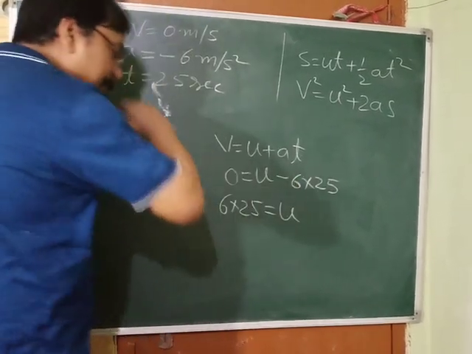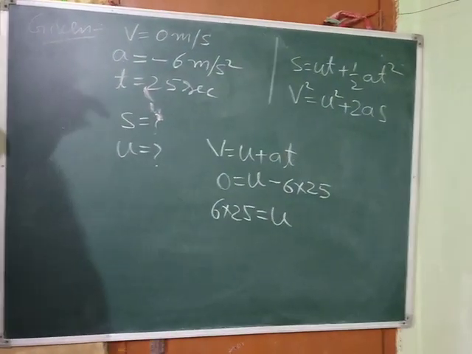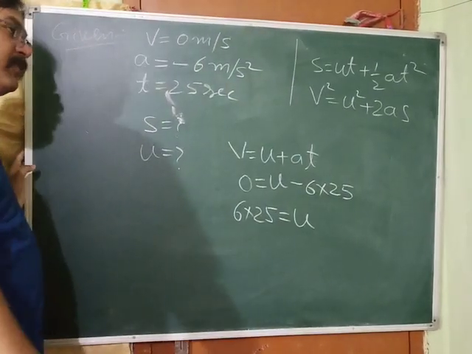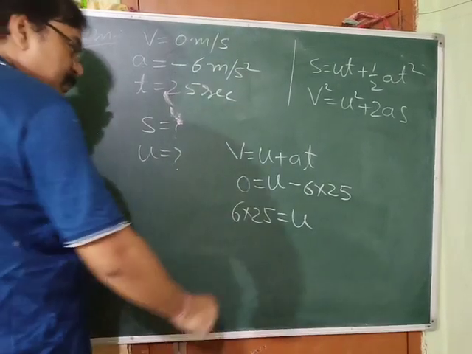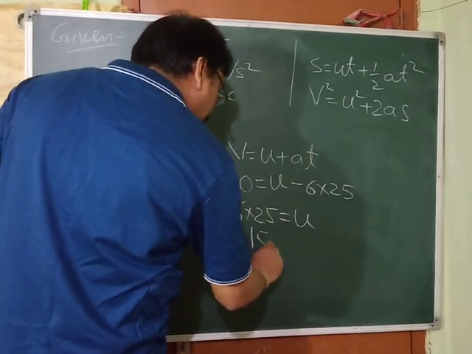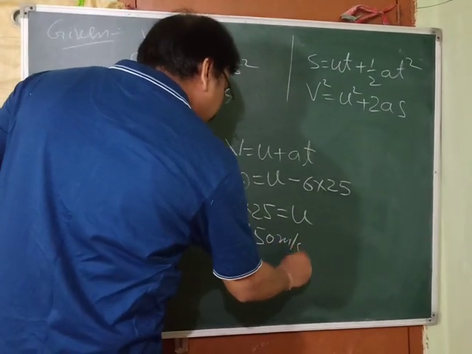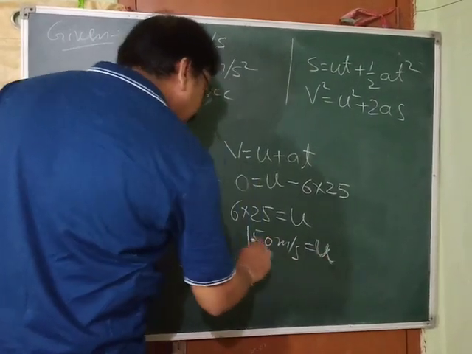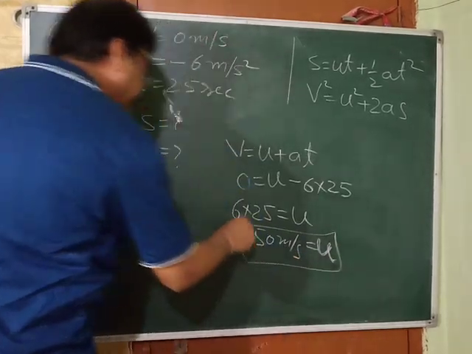That minus will become plus because you have taken this side. Now 25 6 ja. 25 4 ja 100. 25 5 ja 125. 25 6 ja 150. So what you will get? 150 meter per second. That is the value of u. So you got the initial velocity.